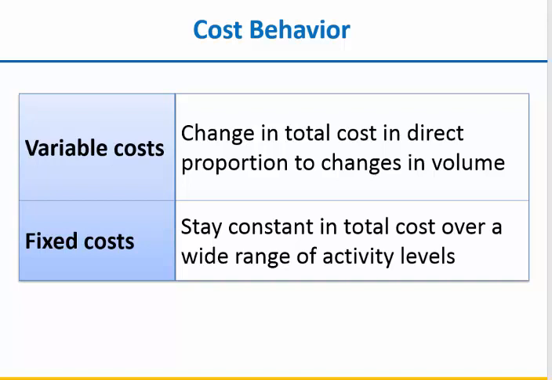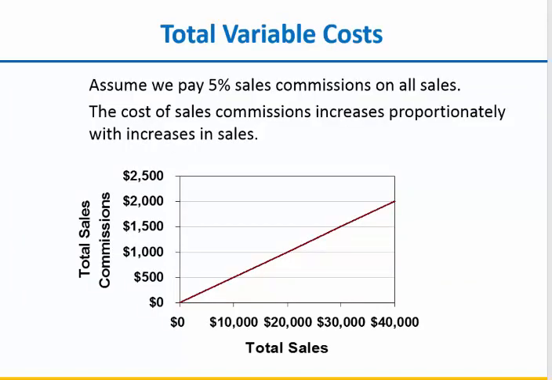If that happens, then this particular cost is a fixed cost. That's how we classify those costs based on their cost behaviors: we can have a variable cost, we can have a fixed cost.